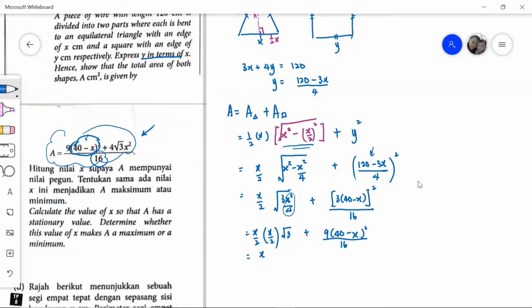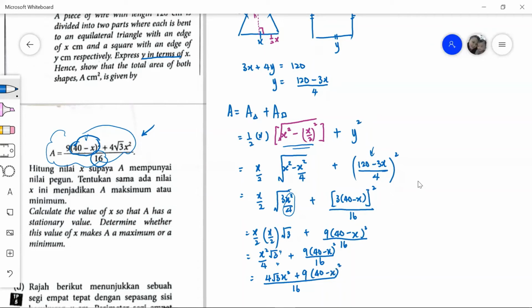We have x squared over 4 root 3, and then plus 9 times 40 minus x squared over 16. So find the lowest common multiple, which is 16. So times 4 up and down. So we have 4 root 3 x squared, and since the denominator is the same, that is 16, we can combine in this way.